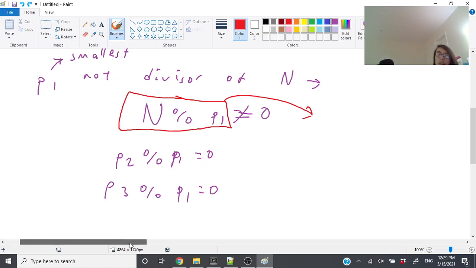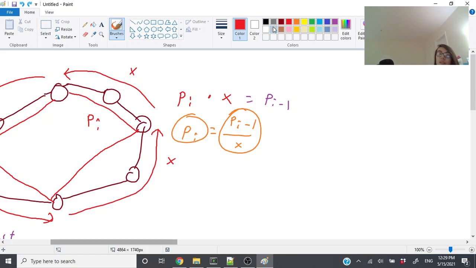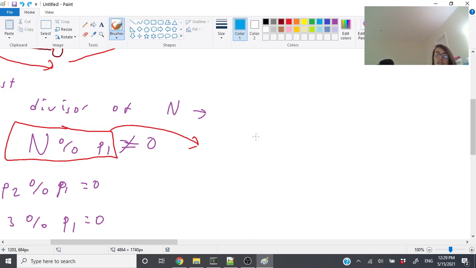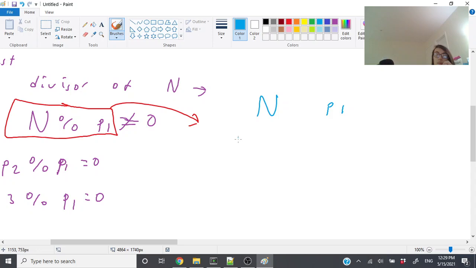So not only do the polygons have to be multiples of each other, but n also has to be a multiple of the current polygon. And specifically for any n, if we start with n and then we take polygon p1, the new n we end up with is n minus p1, and then we take the next polygon, this has to be a divisor of this, and this has to be a divisor of this as well by the same argument.